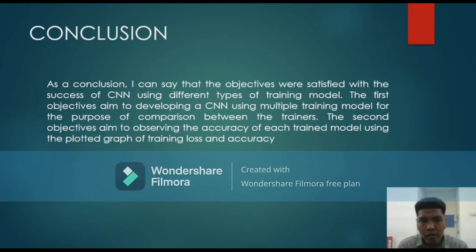The first objective aims to develop a CNN using multiple training models for the purpose of comparison between the trainers. The second objective is to observe the accuracy of each trained model using the plot graph of training loss and accuracy.